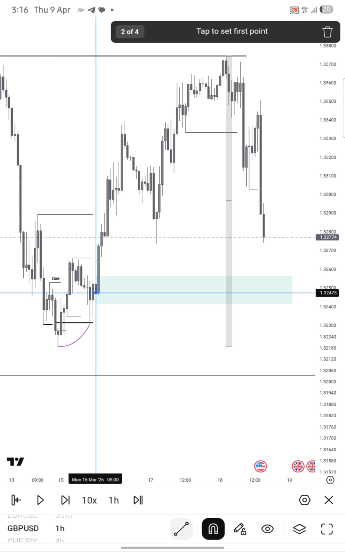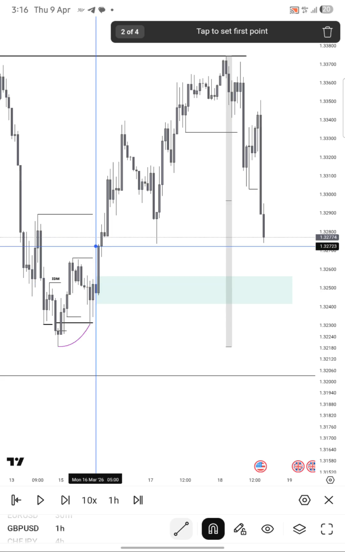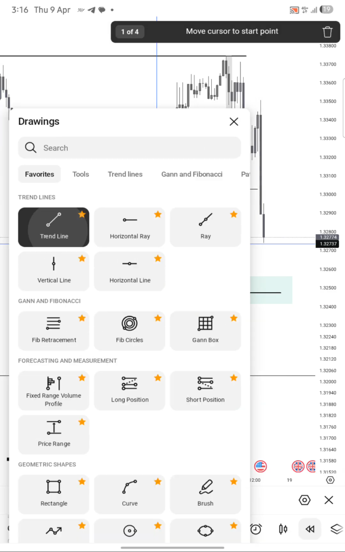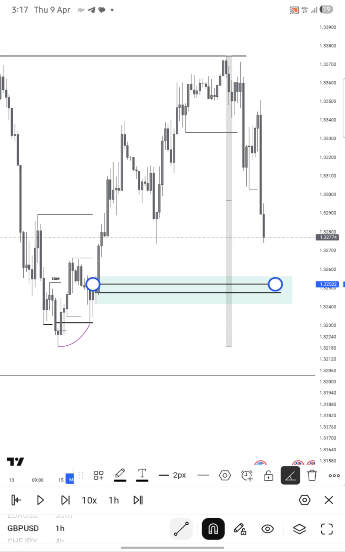So we will not be considering this as a liquidity, but if the continuation supply zone is above the 15-minute time frame, we are going to be using the support level if we are buying. Okay, there are cases when we use the open level and the close levels.